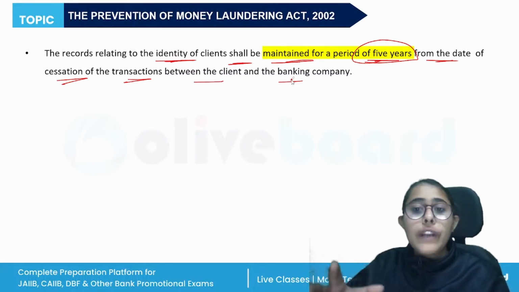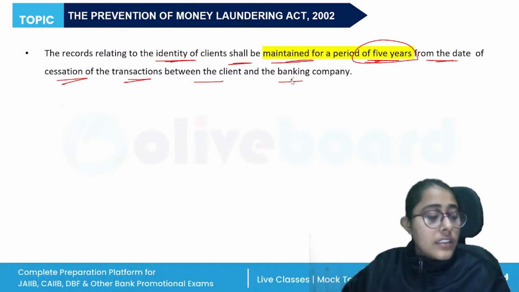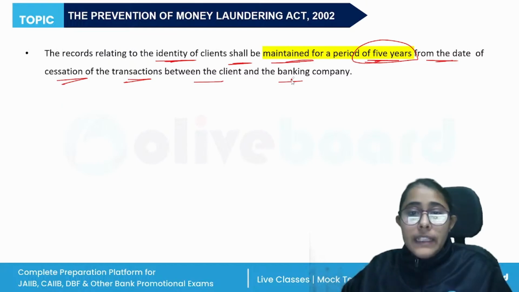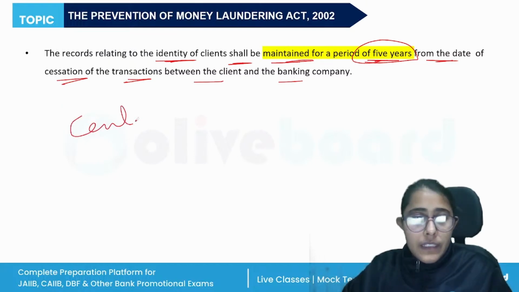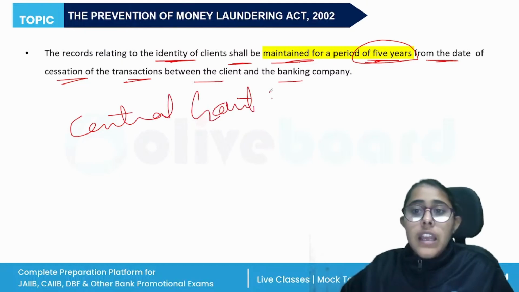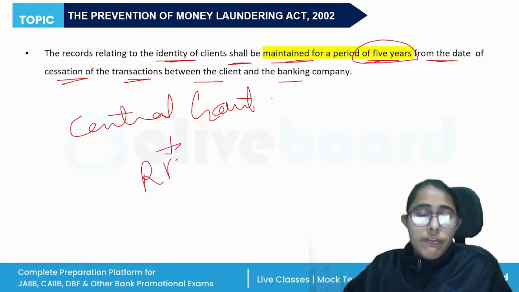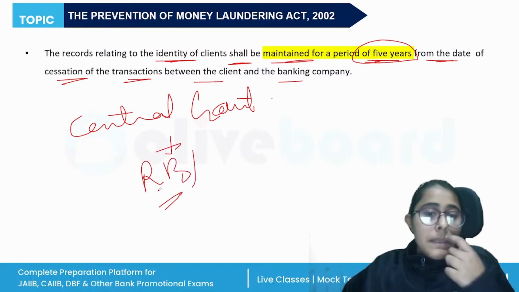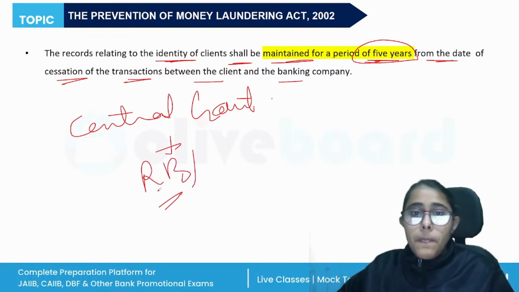Now, who frames the laws under the Money Laundering Act? These rules are framed by the central government in consultation with RBI. The central government plus RBI frames the rules under the Money Laundering Act.